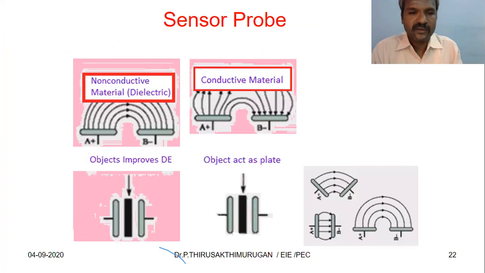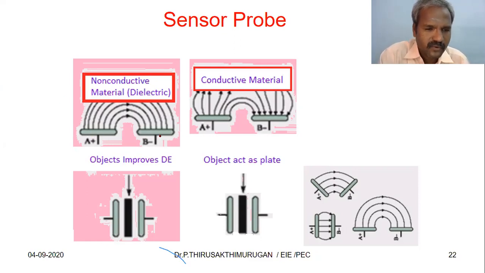You see the circuit. This is the probe, similar to the inductive transducer. Here also a probe is there. So what are the types of probe? There are two types of probe here. One is the probe for metal objects, another is for non-metal objects.